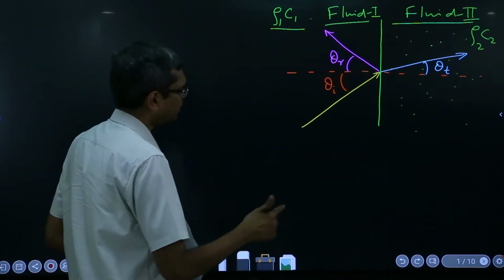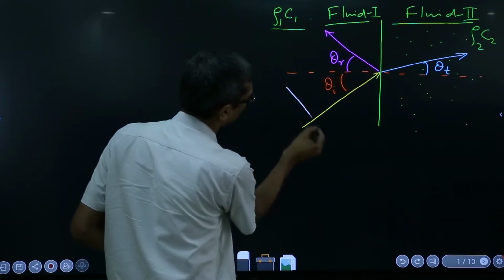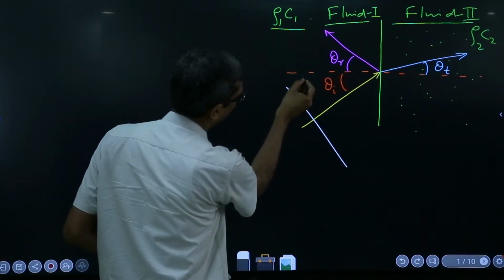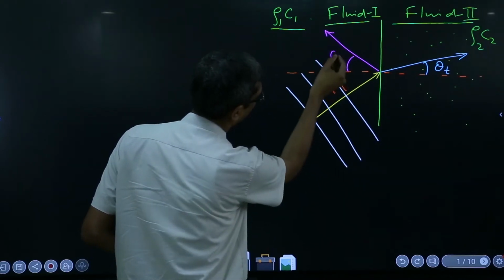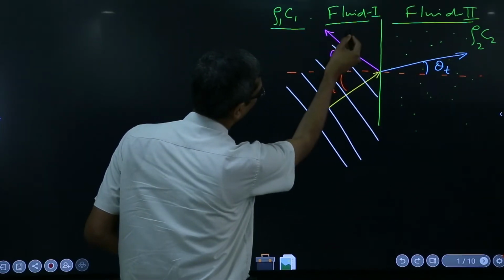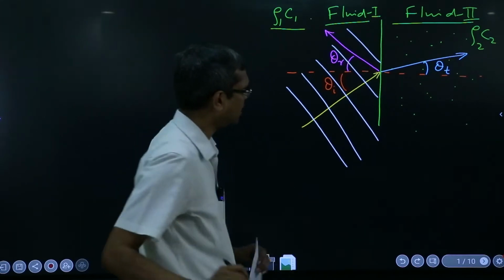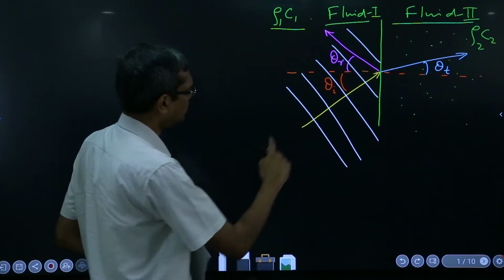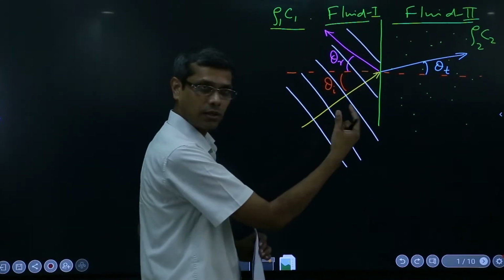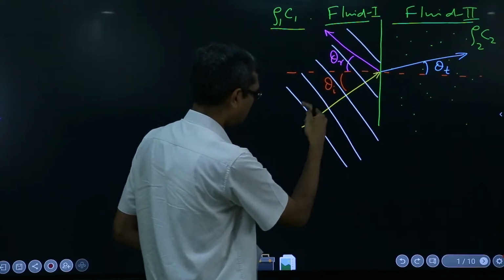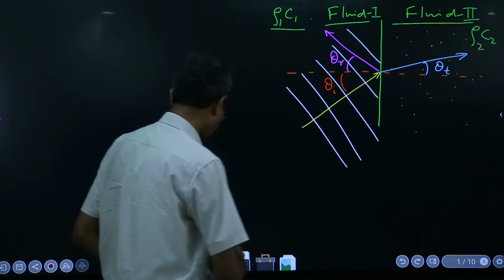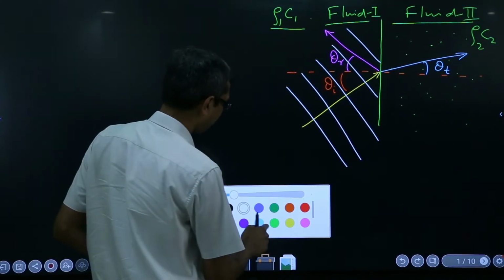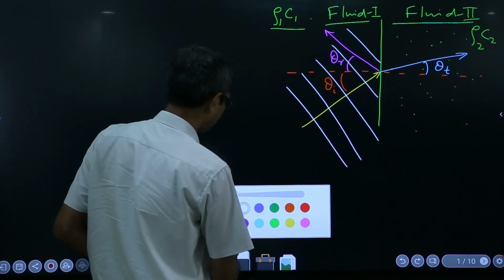So if I draw planes like that, these I can call wave fronts, and what they mean is this is a wavelength. That means the pressure wave is maximum somewhere.